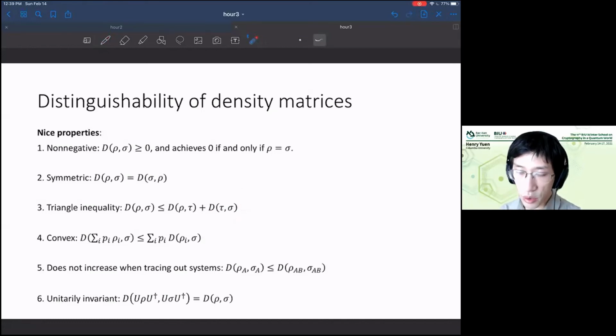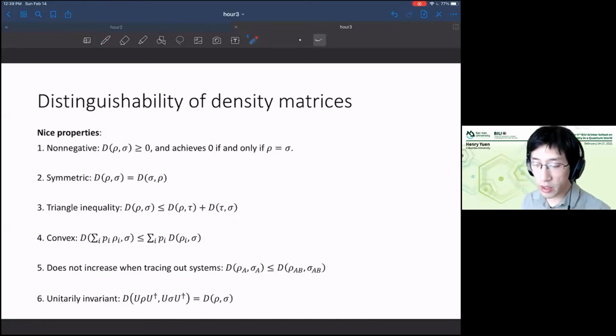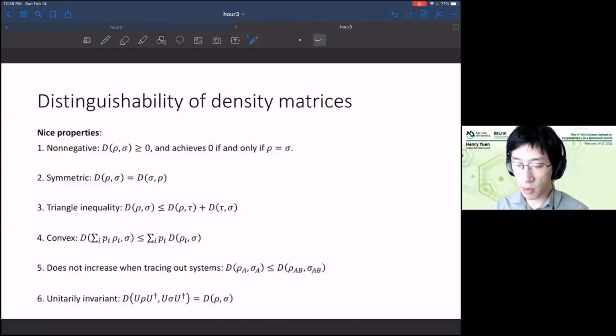Something that you'll use all the time is the triangle inequality: the trace distance between two states, rho and sigma, is at most the distance between rho and tau plus the distance between tau and sigma. It's also convex, which is a nice property that you'll use in security proofs, for example.